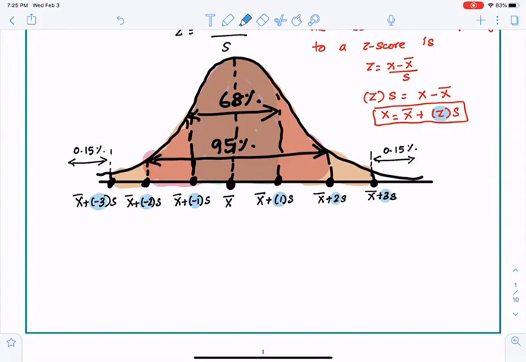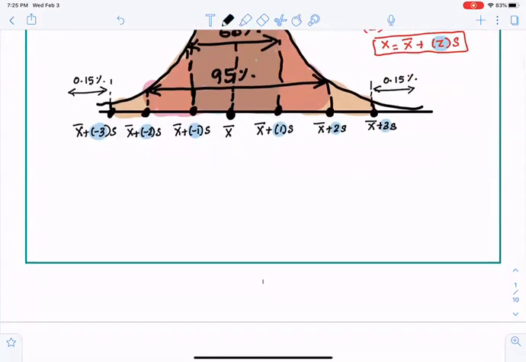So what does a z-score measure? If you notice, each of those points that we wrote is in steps of the standard deviation.